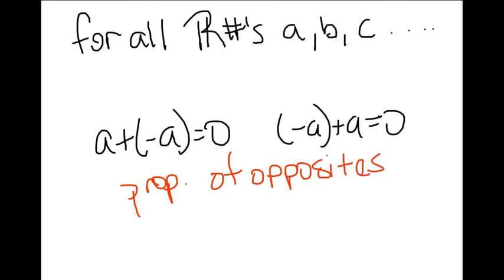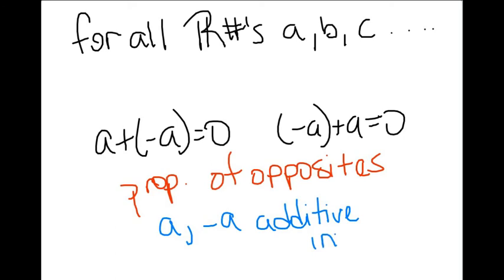And we actually have a special name for A and negative A, or A and the opposite of A. A and negative A are called additive inverses. And all that means is that if you add them together, you get that 0, which remember was the identity property.